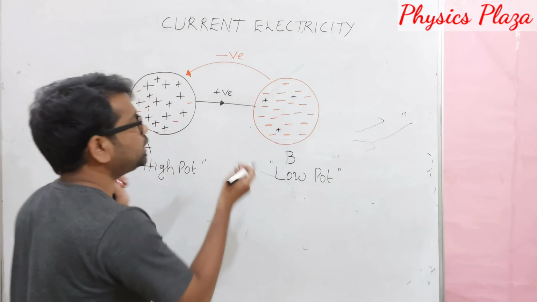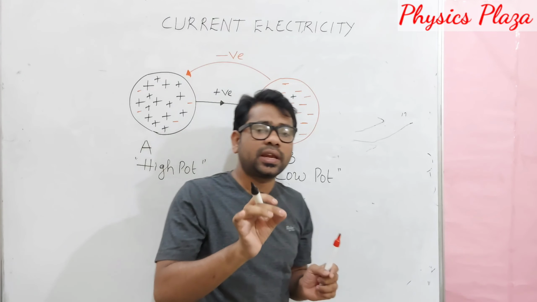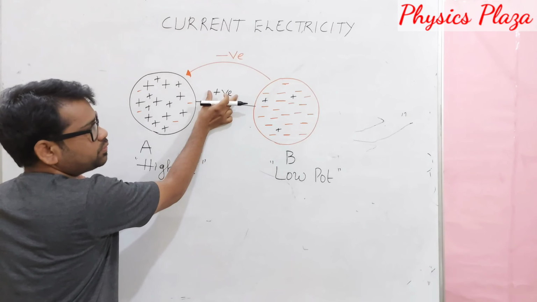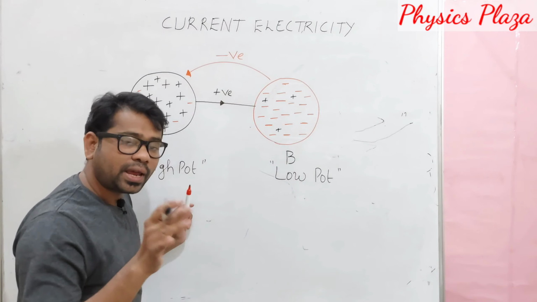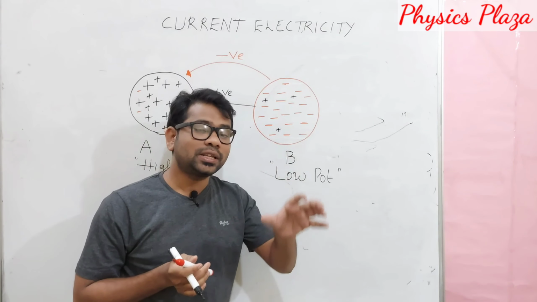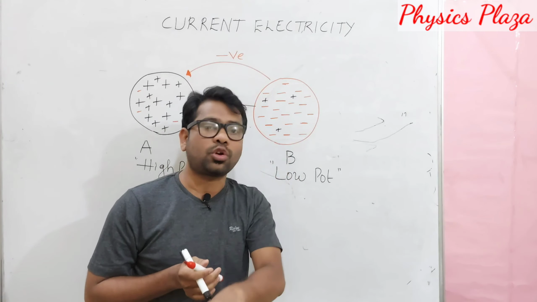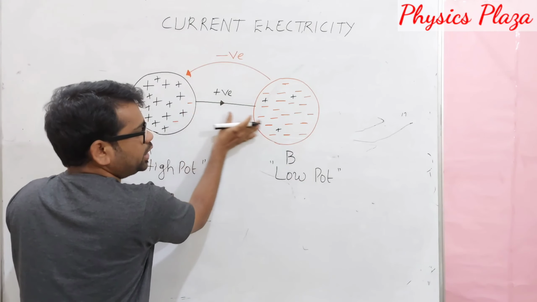Then what about the flow of negative charges? The flow of negative charges we can take as electronic current. So conventional current always flows from higher potential to lower potential, whereas electronic current, that is the motion of the electrons, is always from lower potential to higher potential.